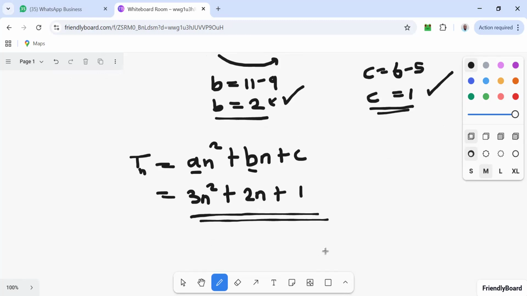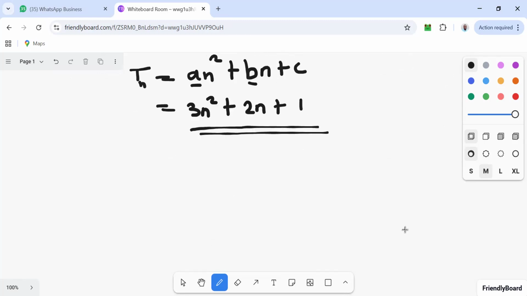So that's how you find the nth term of a quadratic number pattern. All right. Cheers. Bye-bye.